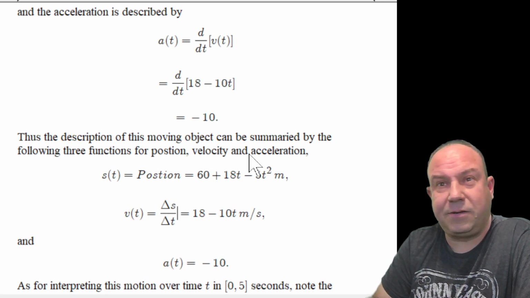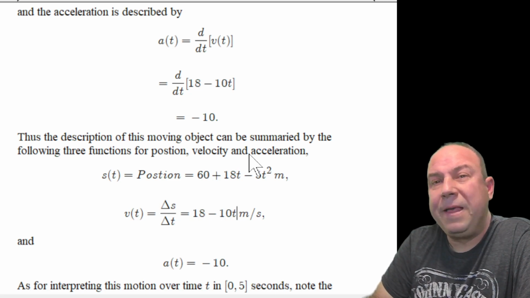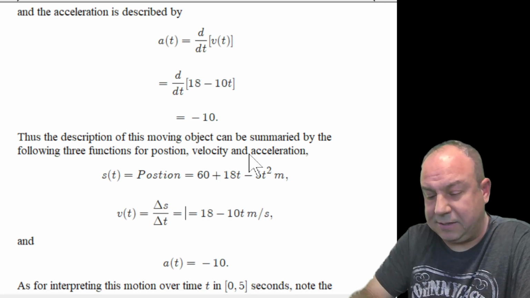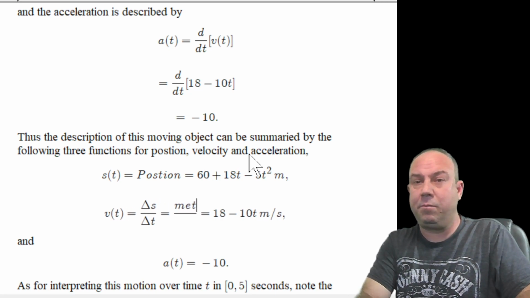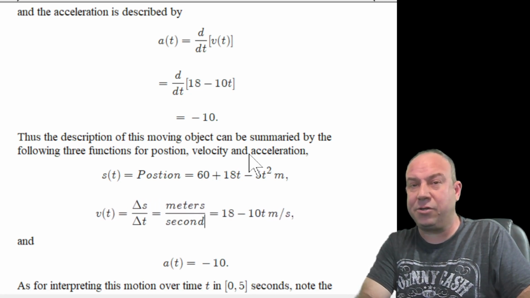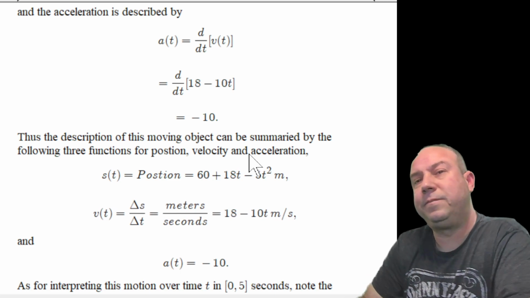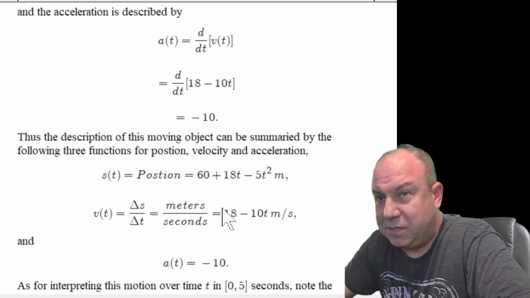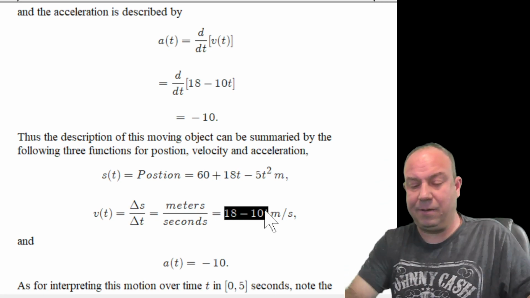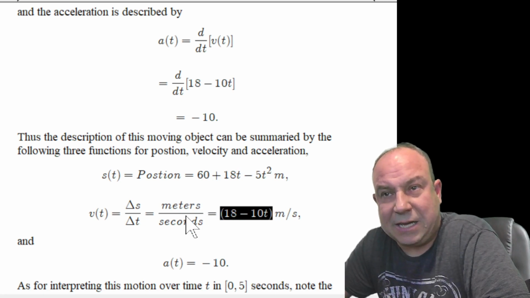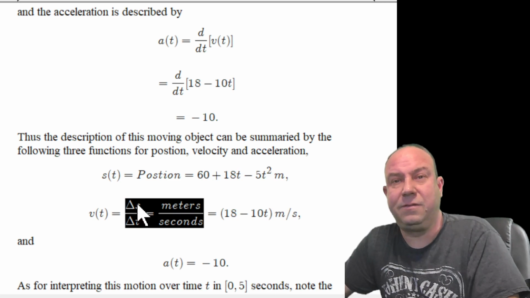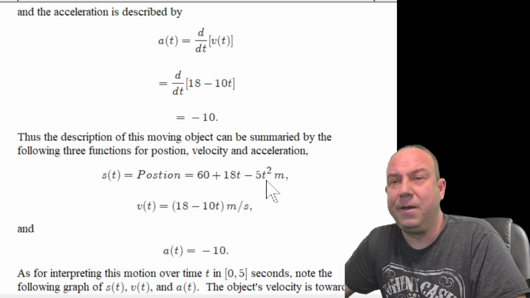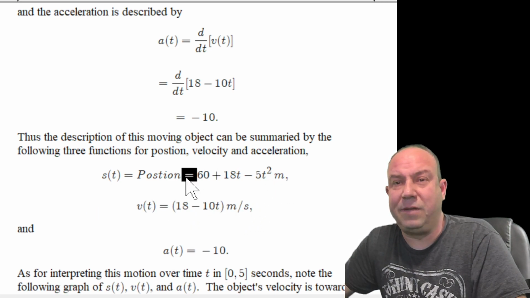So what is position measured in? Well, that's meters. And what is time measured in? That's seconds. So this becomes 18 minus 10t meters per second in its description. All right. That's where we get these descriptions of labels from.